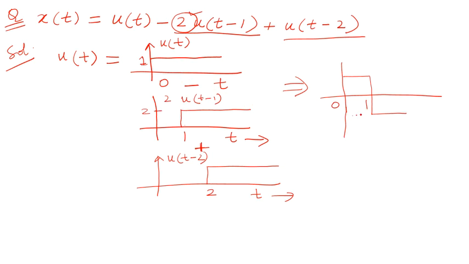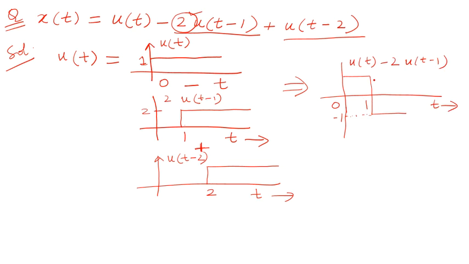So this amplitude will be minus 1. You can label this signal as u(t) minus u(t minus 1).